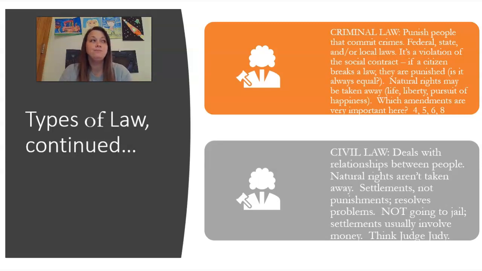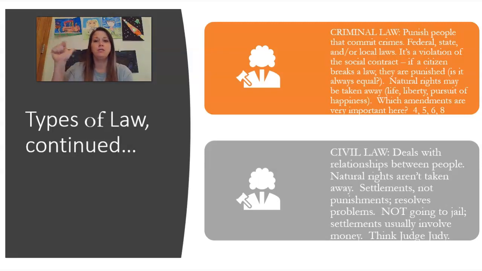Is it always equal? It's supposed to be, but we'll see, of course, as we go through some of our Supreme Court cases, how that idea has changed throughout history. Now, in criminal law, this is very important that we have due process for the application of criminal law because your natural rights may be taken away. Due process, Amendment 5, if you remember, that you have, that's where you have your 5 fingers.